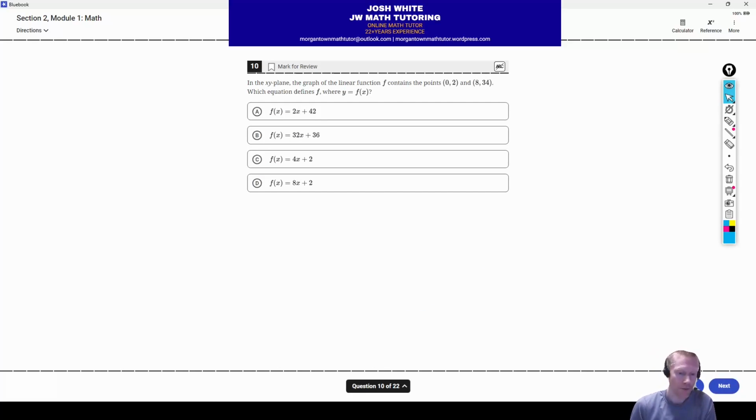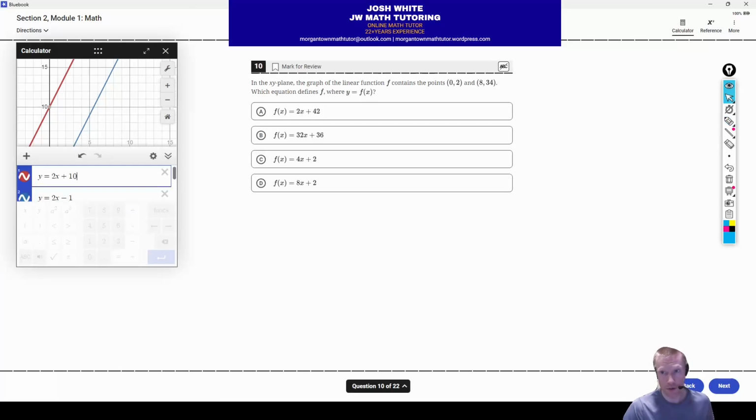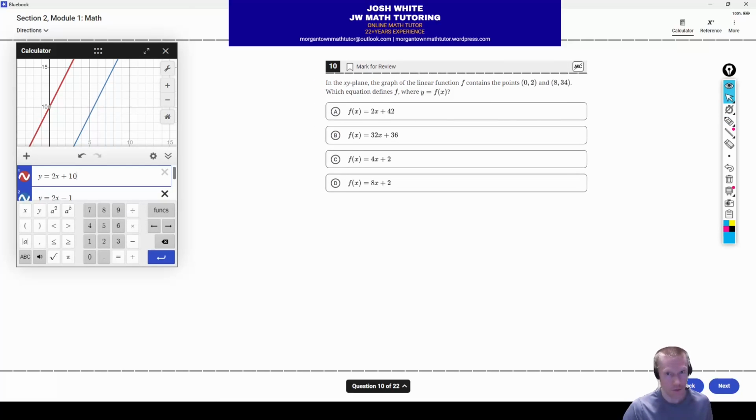All right, for number 10, we have another question that can be solved using Desmos and the calculator. You're told it's a linear function, so it's a line, and it contains these 2 points. So what's the equation of it? Well, let's just jump back here to Desmos. Let's make a table.